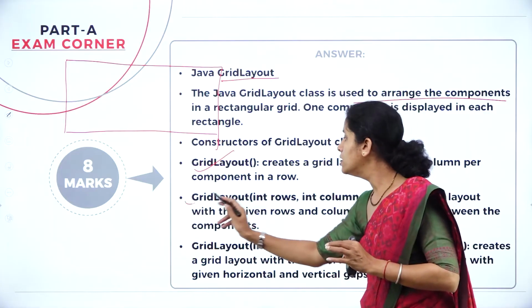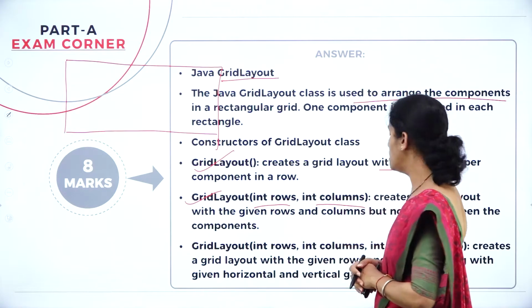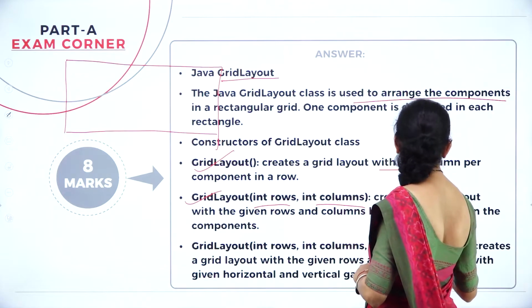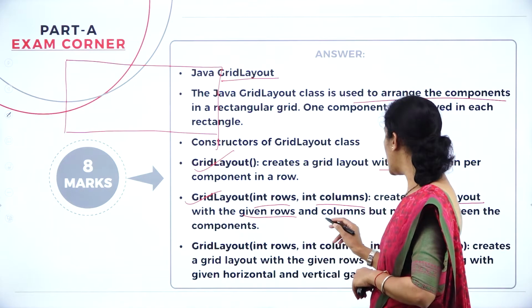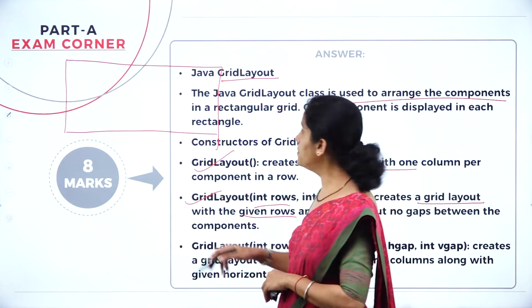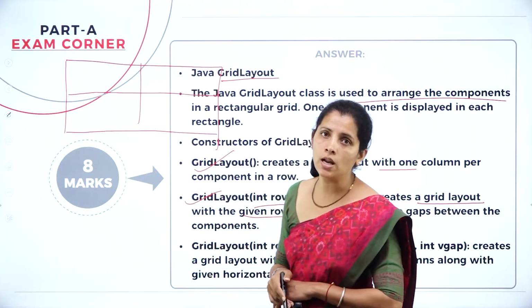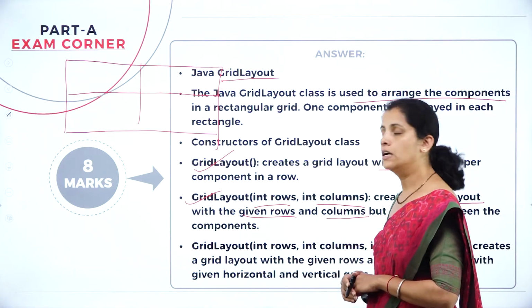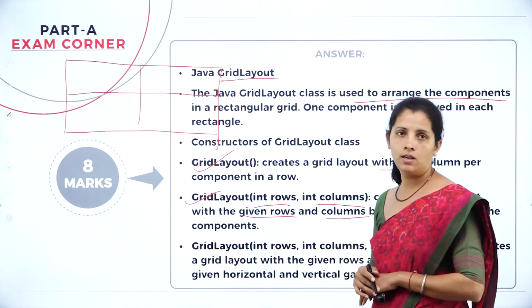Now, grid layout int row and int column creates a grid layout with the given rows and columns. For example, if I want to create 2 rows and 2 columns, then I can have grid layout int row and int column.